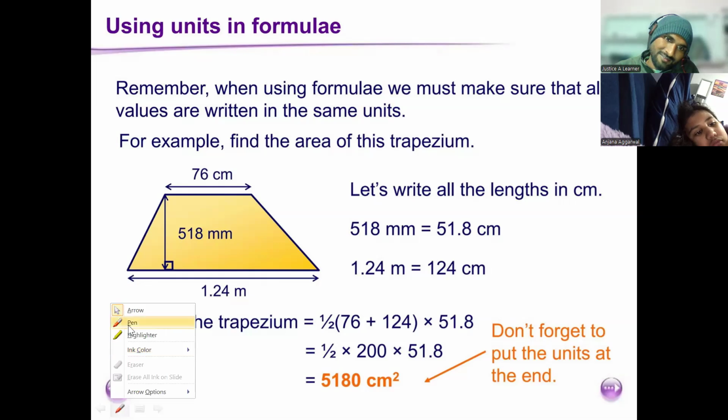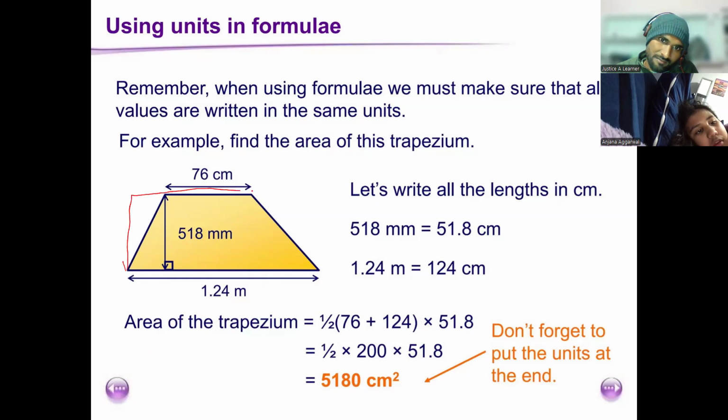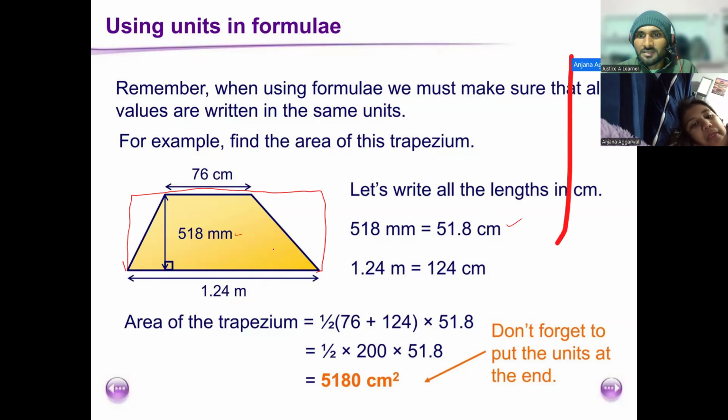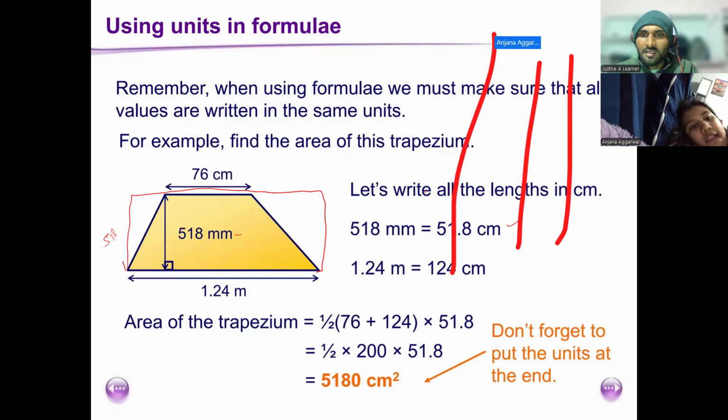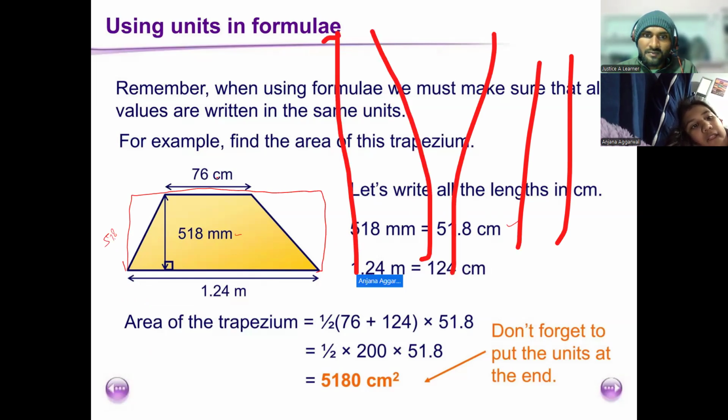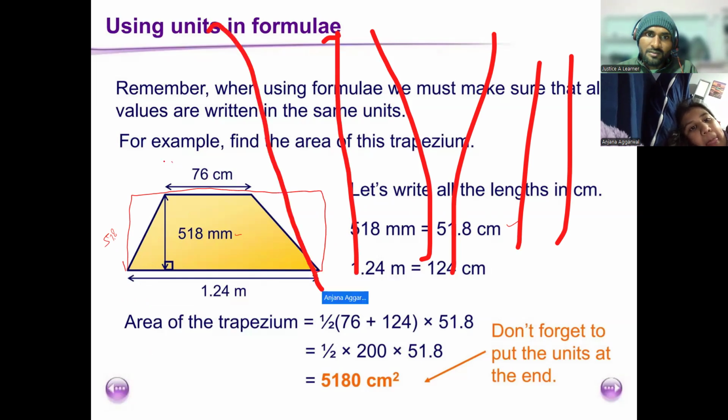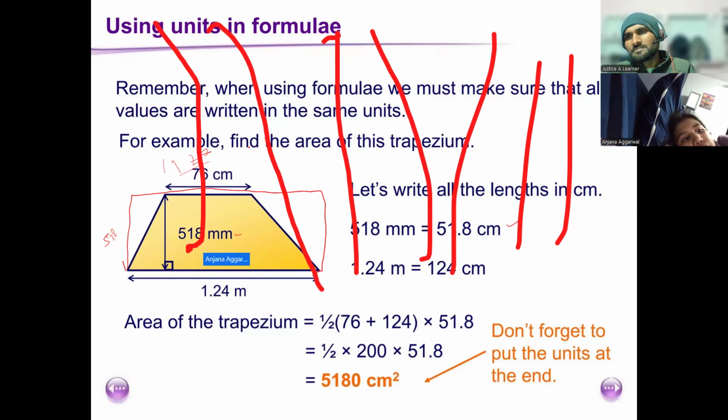If you forget the formula somehow and are unable to recall it, then this can work, because we already know the height is this, so this would be 51.8, and this is 1.2 completely, right? We already know that. So that may work, but that will take a bit longer.